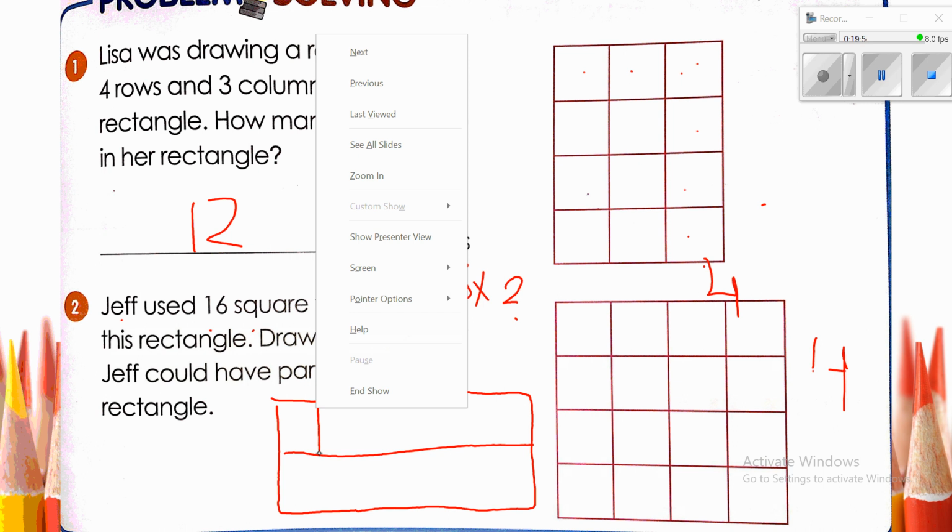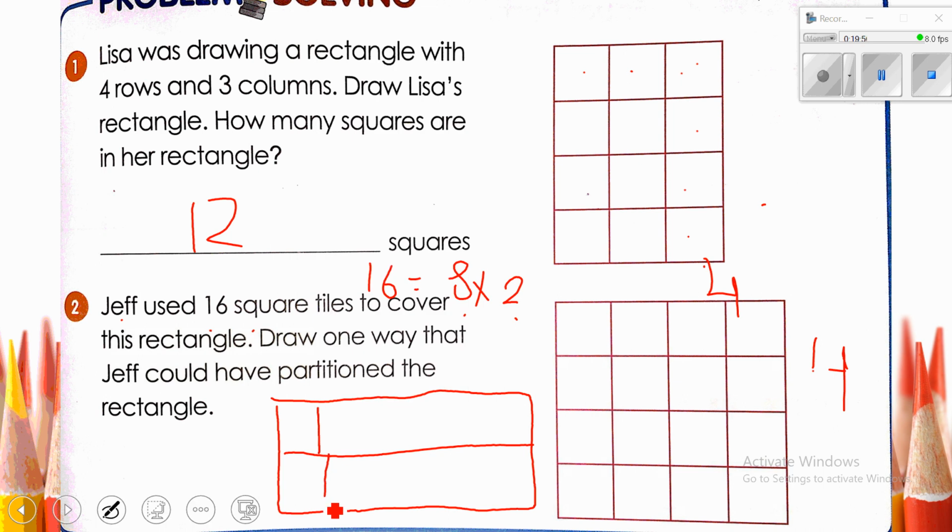This is 1, 2, 3, 4, 5, 6, 7. How do I find my answer? Let's count 1, 2, 3, 4, 5, 6, 7, 8, 9, 10, 11, 12, 13, 14, 15, 16. Yes, the answer is 16. Perfect.